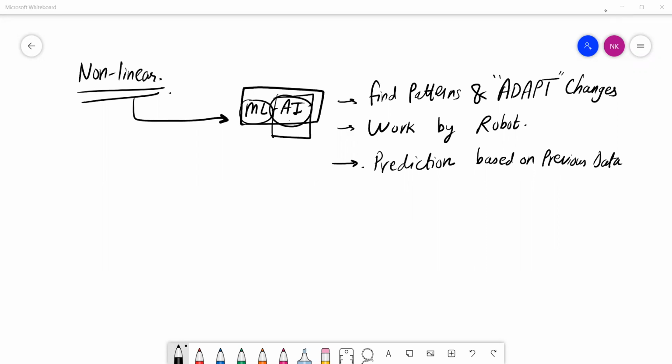Correct? So it is in this third point only, prediction based on previous data, but I would use one word which he has mentioned, that is, to generalize.